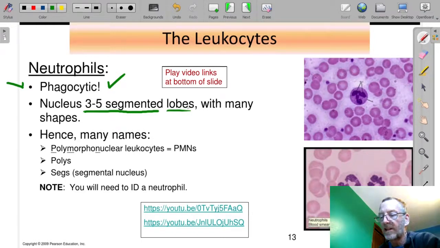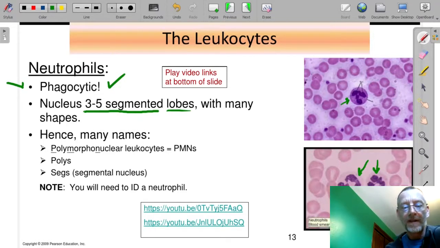So the figures on the right show neutrophils, and the dark staining material is the nucleus. And I like to say that it sort of looks like badly formed sausage. Multiple lobes, high degree of variability, which gives rise to different names that people have given neutrophils. So I'd like you to be familiar with some of these different names.